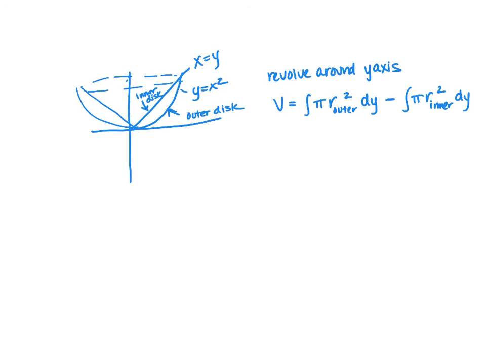So you are finding the volume of the outer disk minus the volume of the inner disk. Keep in mind that you can't just subtract your radii. You can't do r outer minus r inner and square that. That's not going to work. You have to do it like this.